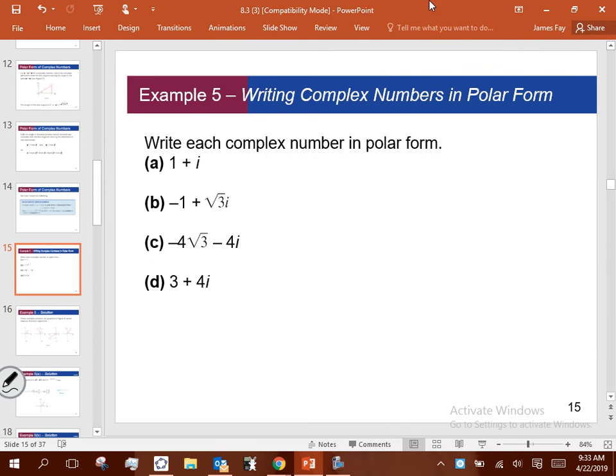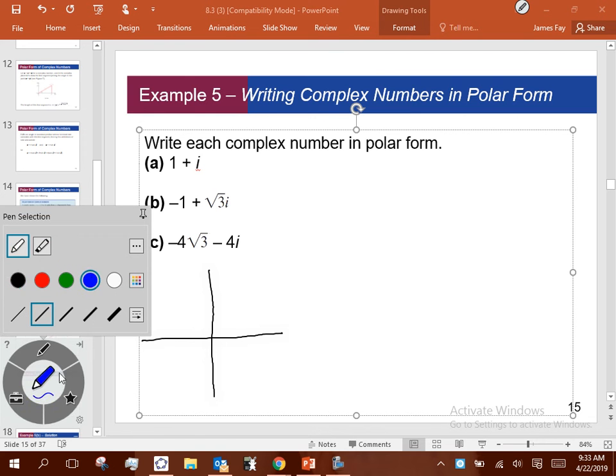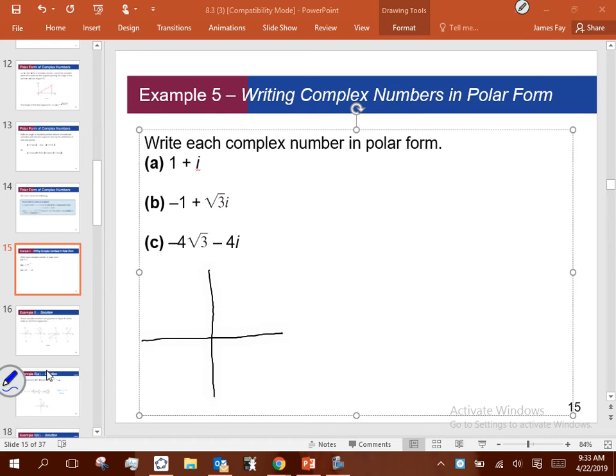Let's do B and C here. We've already done D, that was our first one. If I do B, this is the reason why I think a picture is not necessary, but by all means useful when you go through this process, because if I don't have the picture, I might use the wrong theta.